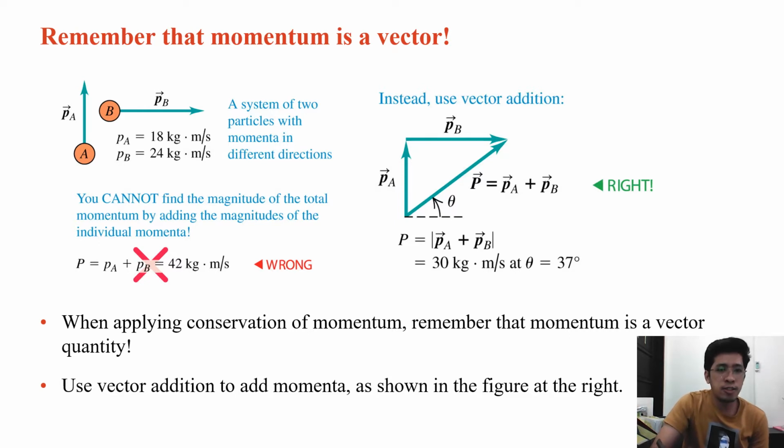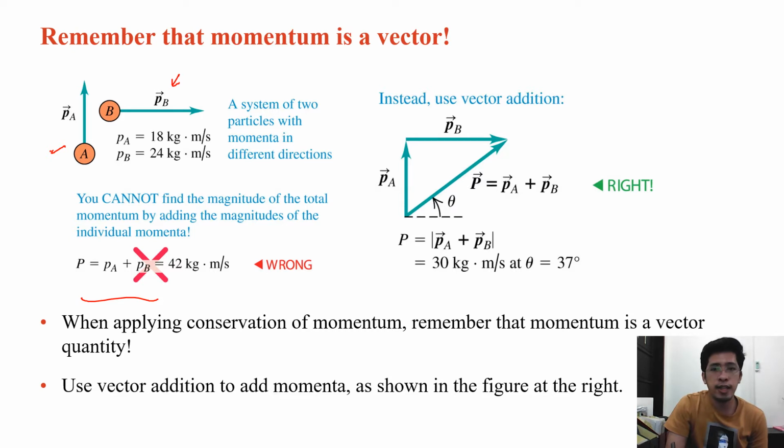One of the particles moves upward, with momentum PA, and the second particle moves to the right, with momentum PB. You cannot find the magnitude of the total momentum by just adding the magnitudes of the individual momenta. So it's wrong to say that the momentum of the system is equal to PA plus PB, which is equal to 42 kilogram meters per second, because again, momentum is a vector quantity.